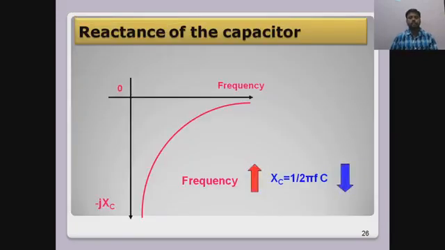If the frequency increases, the reactance decreases. That means if the frequency decreases, the reactance of the capacitor increases. That is, the reactance of the capacitor is inversely proportional to the frequency.